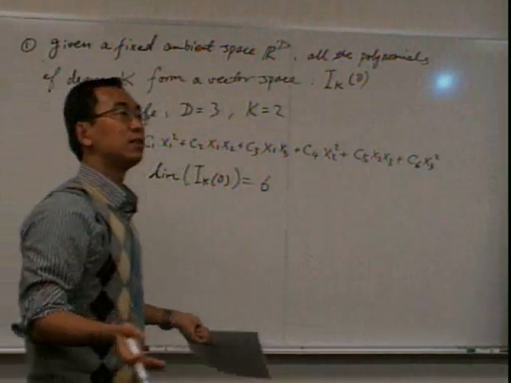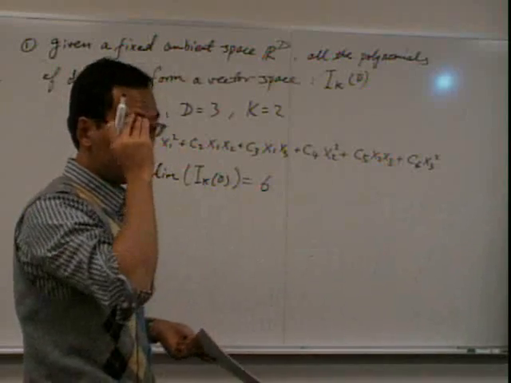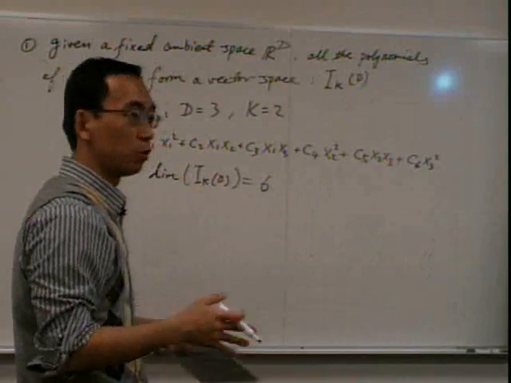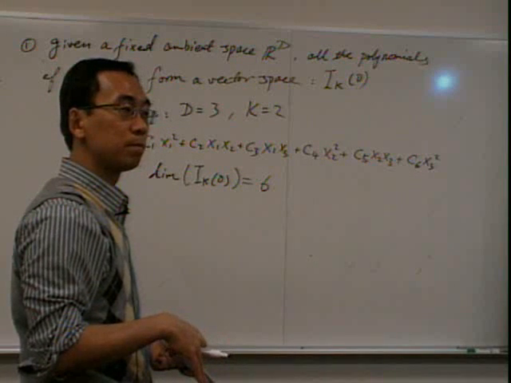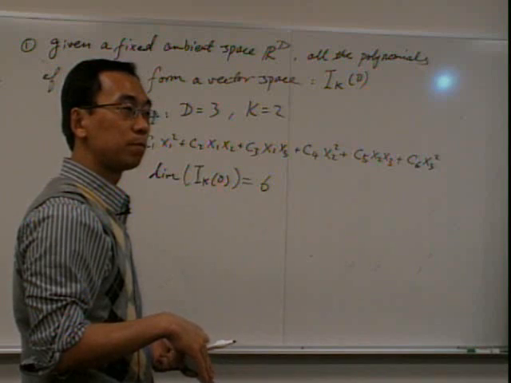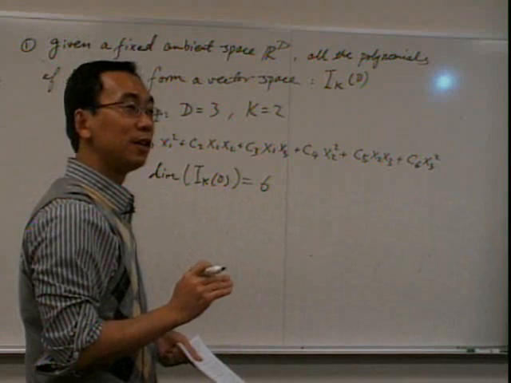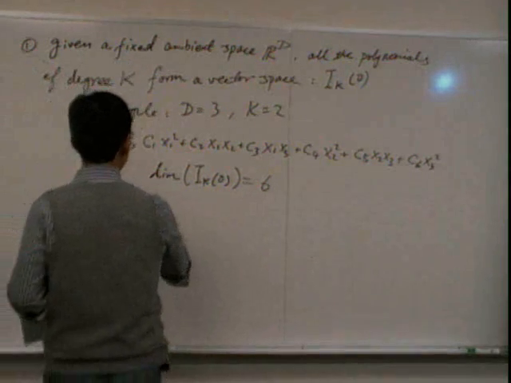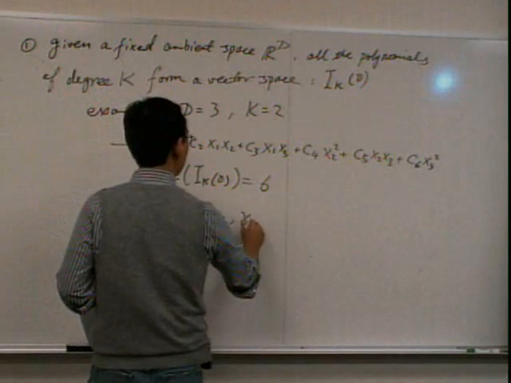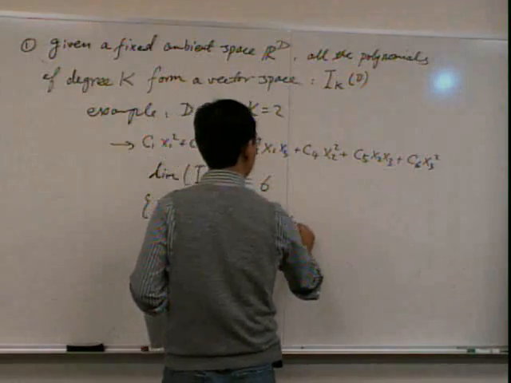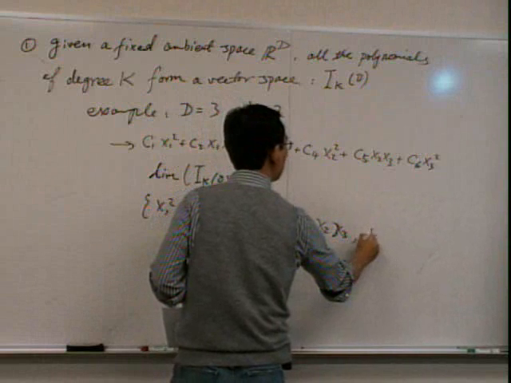And can you give me a basis for this vector space, this vector space that contains homogeneous polynomials? All the hints are already on the whiteboard. Each of the monomials, good. So the basis is just x1 squared, x1 x2, x1 x3, x2 squared, x2 x3, and x3 squared.